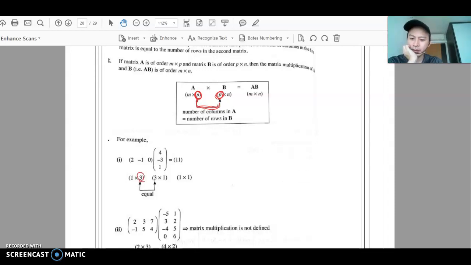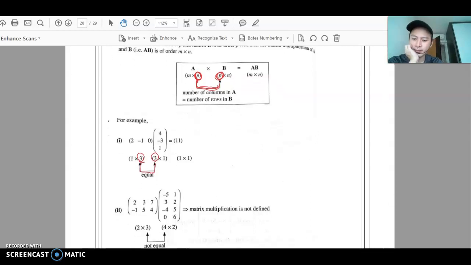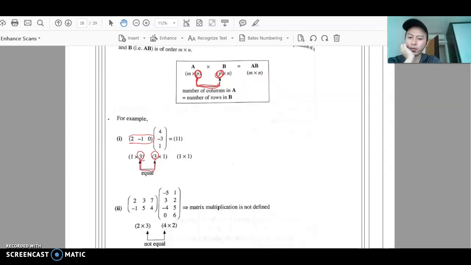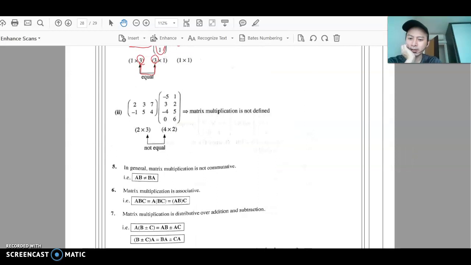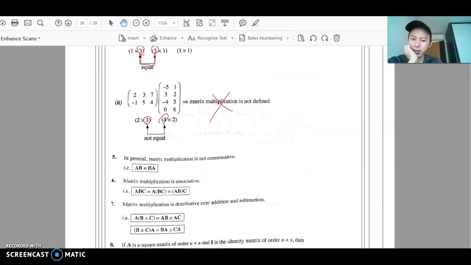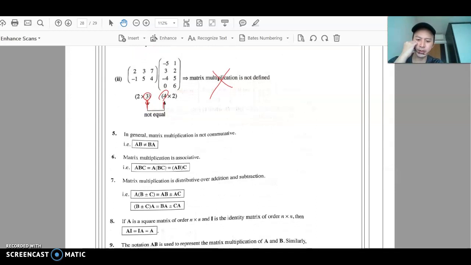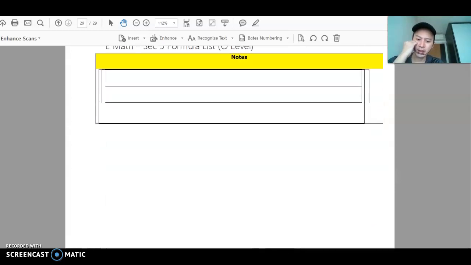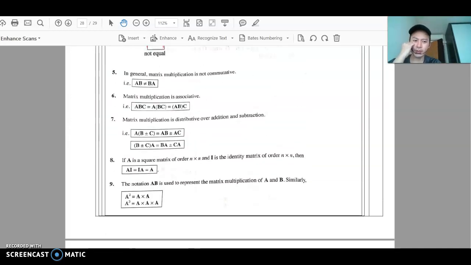Just like the first example here, this must be 3, this must be 3, they are equal, then you can multiply. It's always 1 row times 1 column gives you 1 number. The second example shows that this one cannot multiply because the second number of the first matrix and the first number of the second matrix are not the same. So that's for the formula.